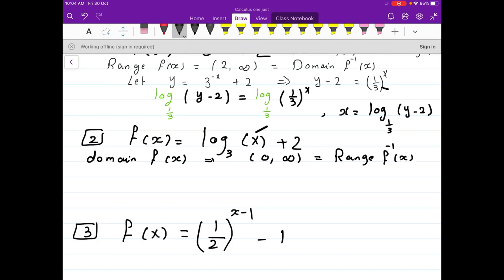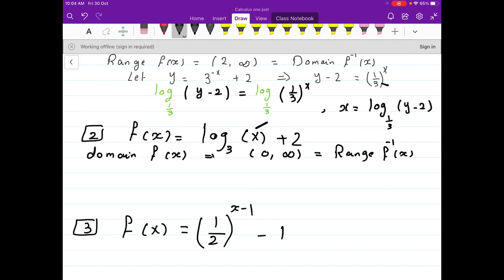Now to find the range of f of x, we must find the domain of f inverse. Now find f inverse of x. So let y equal log x for the base 3 plus 2.